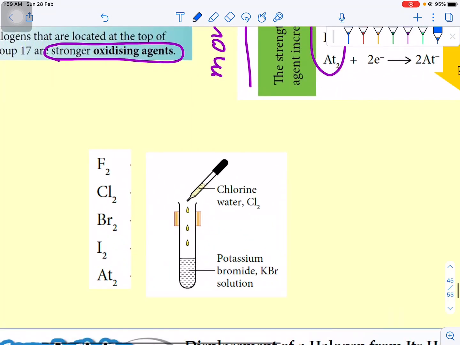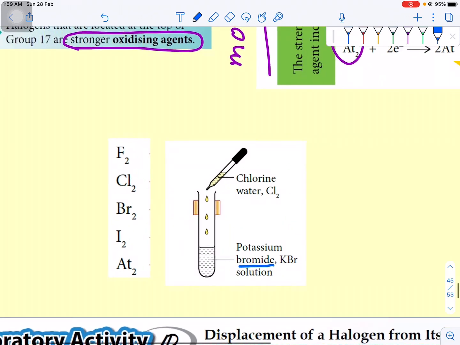So what you have to know is just to memorize the list: fluorine, chlorine, bromine, iodine and astatine. Look at the first one, we have chlorine, and then we have halide, bromide. So what is the concept? The higher up, the more reactive. What the more reactive halogen can do is kick out the one below it from the salt solution.